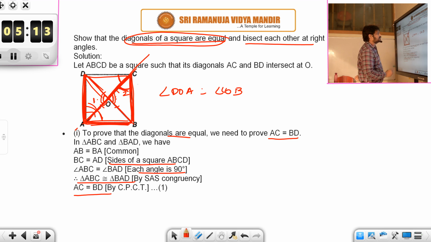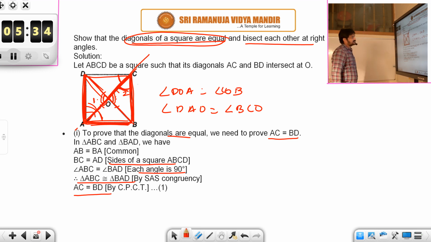Angle 1 is equal to angle 2, because if you see AD and BC as parallel lines and AC as transversal, then 1 and 2 are alternate interior angles. So angle DAO will be equal to angle BCO, isn't it? They are alternate interior angles, right, students?